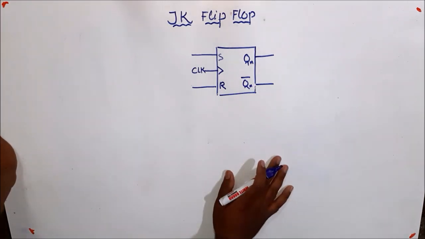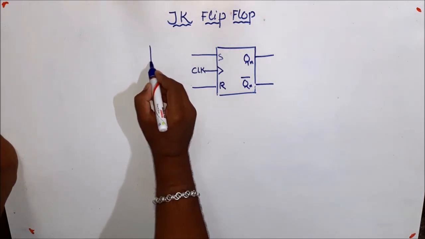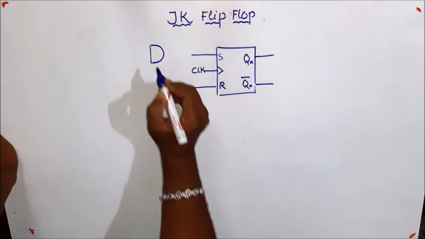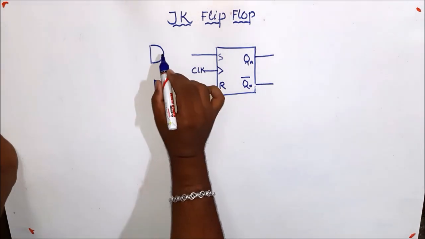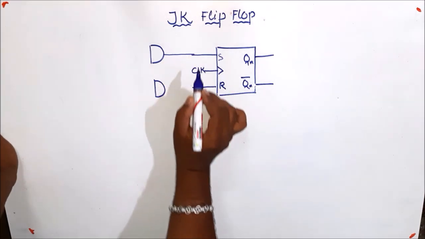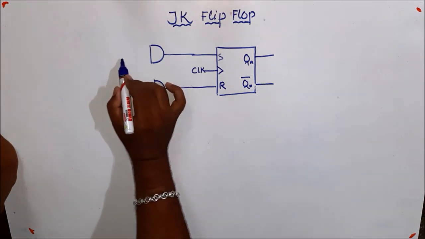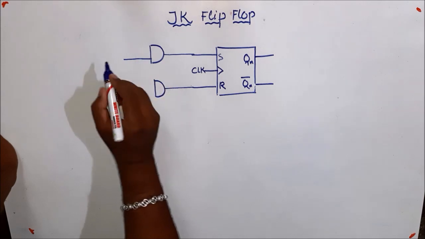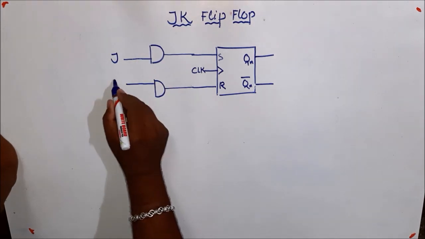To develop JK flip-flop from SR flip-flop, they took two AND gates, one here and another one here. The output of the AND gates is fed to S and R. One of the inputs to the AND gate is J and the other one is K.